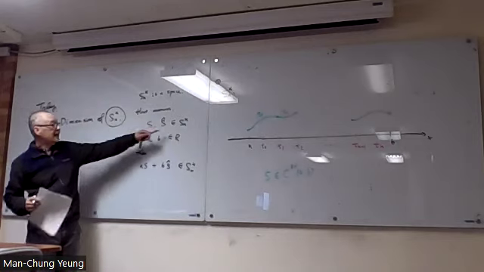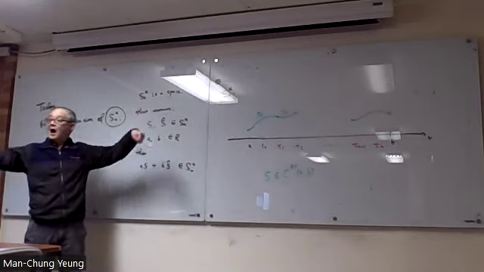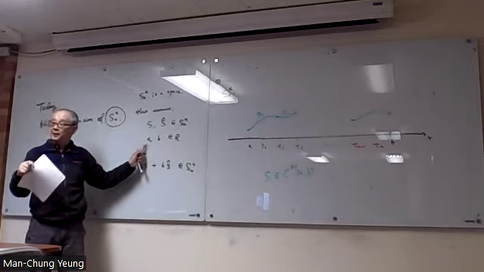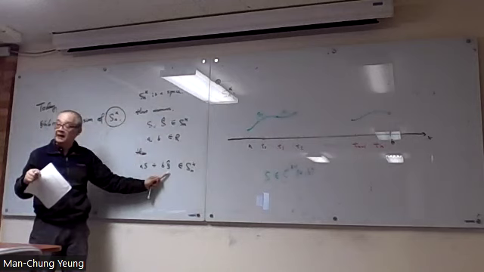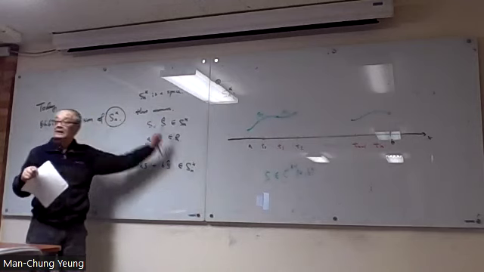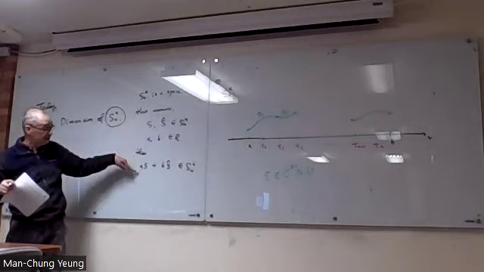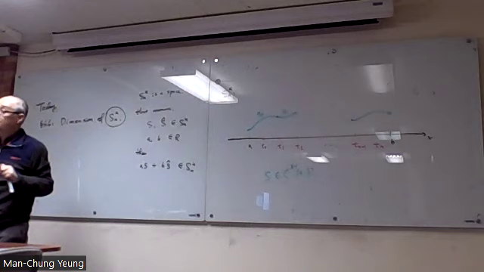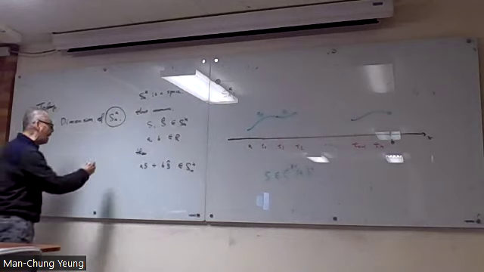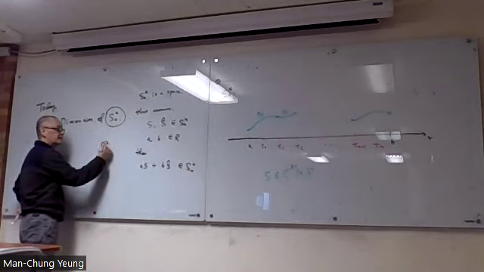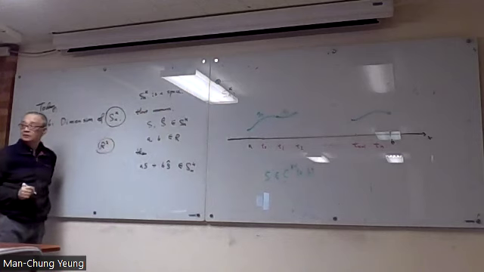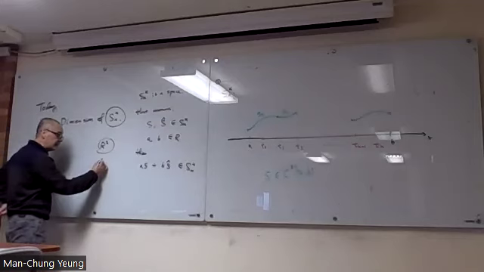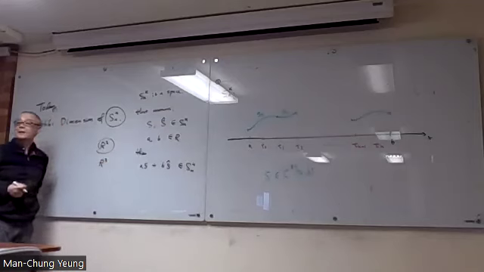From the set, arbitrarily pick two functions, arbitrarily pick two real numbers, then the linear combination is still in the set. With this property, the set is called a space. Say Rn, R2 is a space, a two-dimensional space. R3, three-dimensional space.